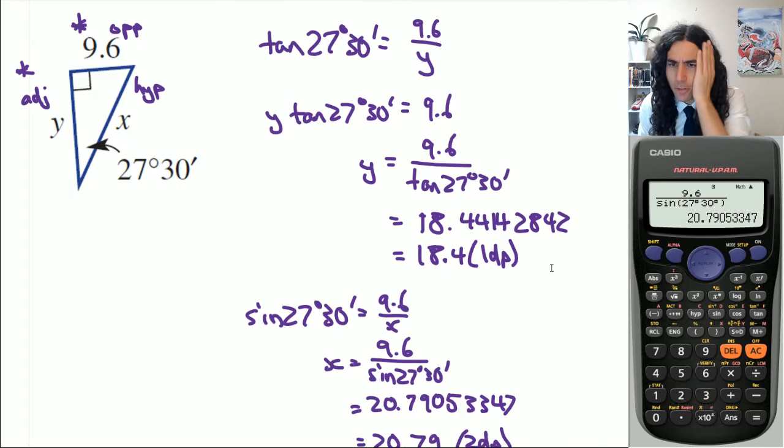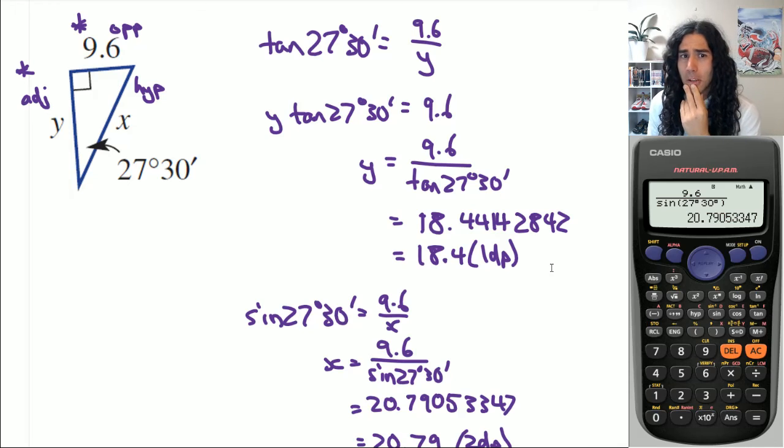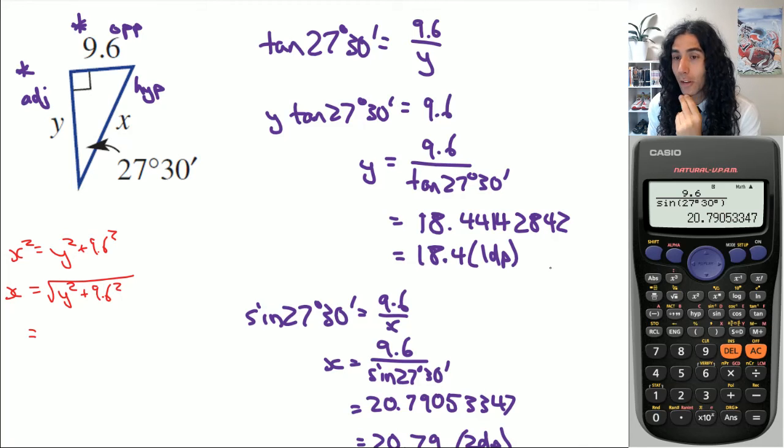Now, I didn't mention you could have used Pythagoras to do it. After you've got 9.6 and y, you could say, x squared is equal to y squared plus 9.6 squared. To do it right, without any rounding, I would substitute in not 18.4, not 18.4414842, I'd put in the original expression.